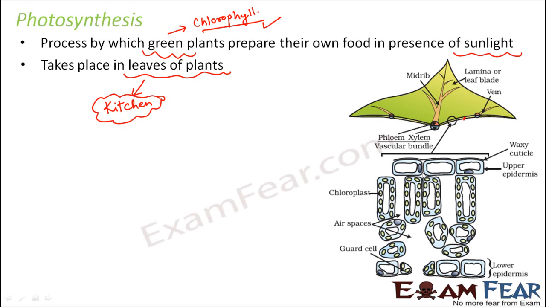It seems very thin, but when you look at it very closely, you can see so many structures within this much thickness. Here you can see the presence of chloroplasts, and chloroplasts are the cells which contain chlorophyll. So chlorophyll is actually present inside these chloroplasts. Due to the presence of chlorophyll, the leaves perform photosynthesis, and the food which gets prepared as a result of photosynthesis gets transported to different parts of the plants.